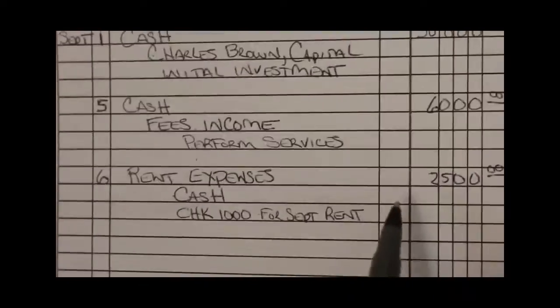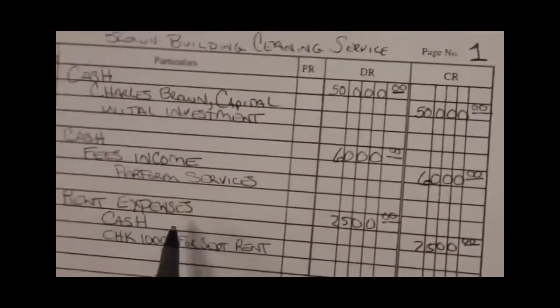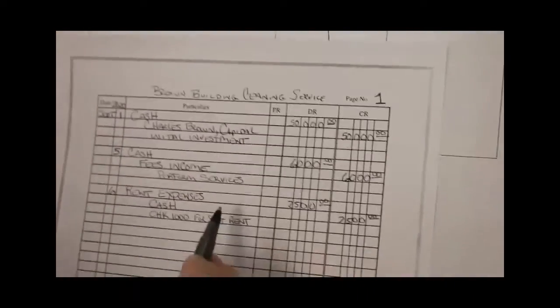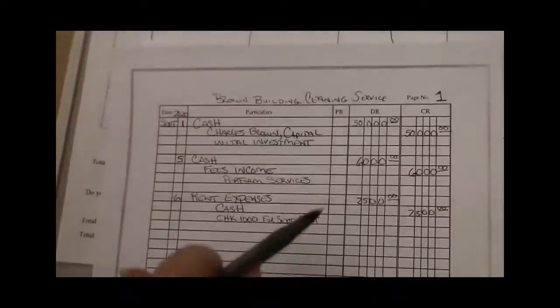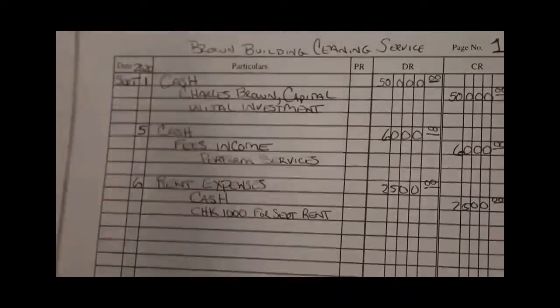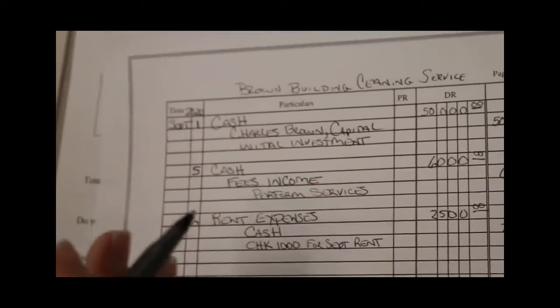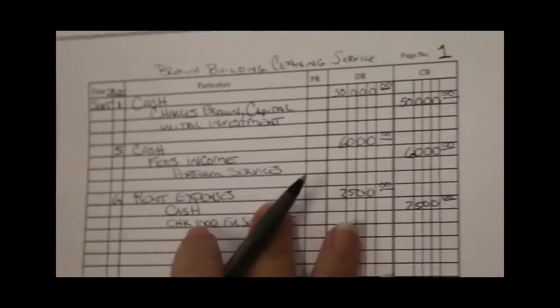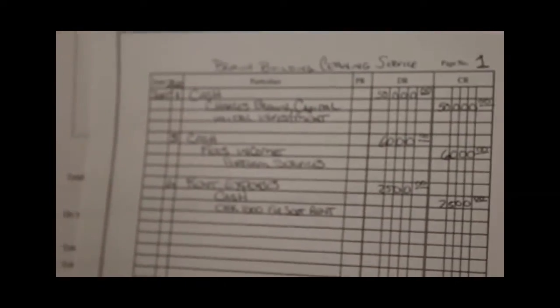Now some of you might be asking, why isn't this amount going into accounts payable? Well, to answer that, the reason is because we are paying for September's rent. This is not money we owe. We're paying it for September. So we actually paid it. Here it is, September, we're paying it, and now we're using the September rent.